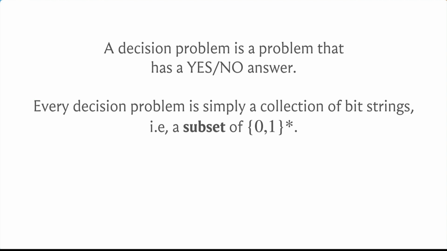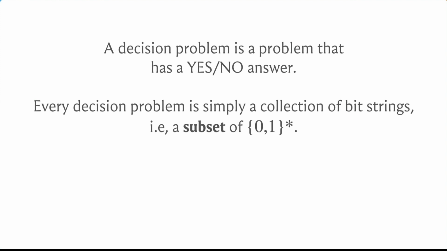But for the purposes of defining classes of problems, we are going to, for now, just stick to the framework of decision problems. And formally, you can think of a decision problem as simply a collection of bit strings. So every instance of, for example, independent set is basically a graph and a number k.